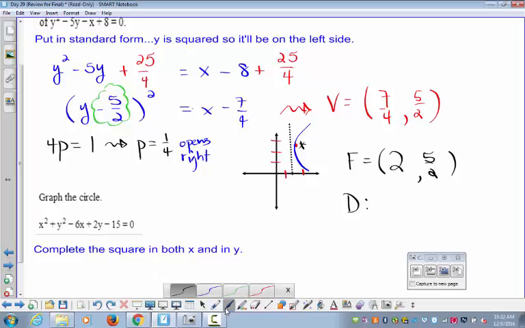All the points on that line have the same x coordinate. We have to go 1/4 of a unit to the left of the vertex. If the x value at the vertex is 7/4, and we come back 1/4 of a unit, we're at 6/4, which reduces to 3/2. That will be the equation of our directrix.